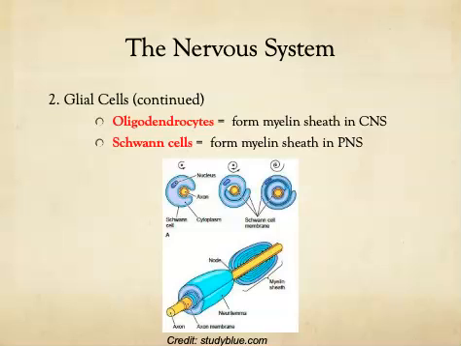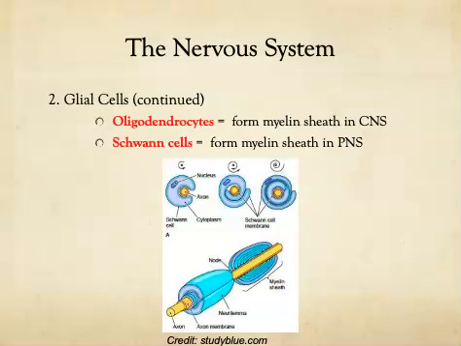Next on our list are the oligodendrocytes and the Schwann cells. Now we talk about these two cell types together because they have a similar function. Both oligodendrocytes and Schwann cells form what's called myelin sheaths. Now these are layers of fatty material that will be laid down over the surface of axons to influence how signals are transmitted along axons.